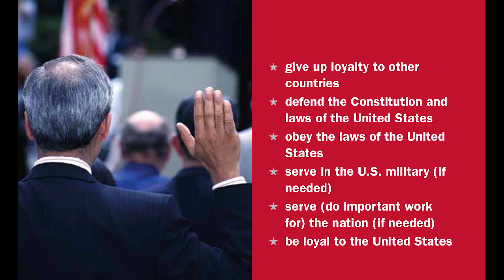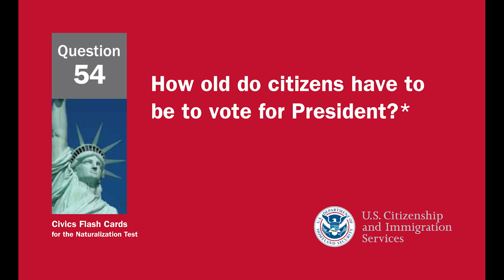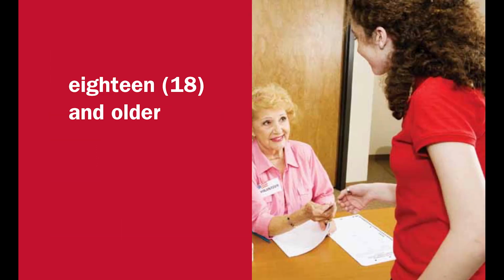Serve in the U.S. military if needed. Serve, do important work for the nation if needed. Be loyal to the United States. How old do citizens have to be to vote for president? 18 and older.